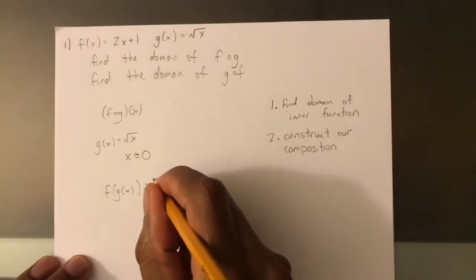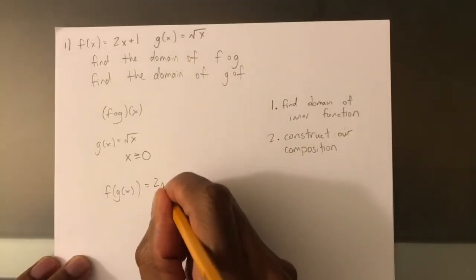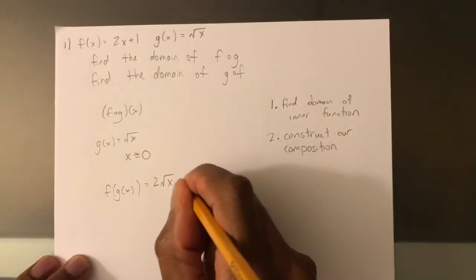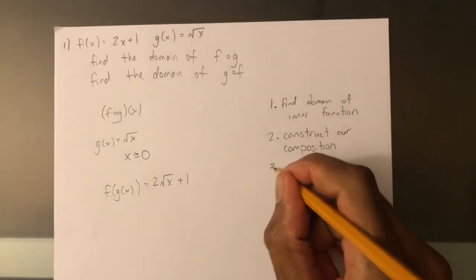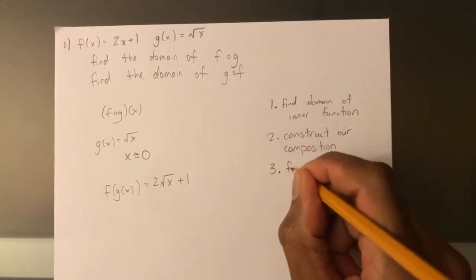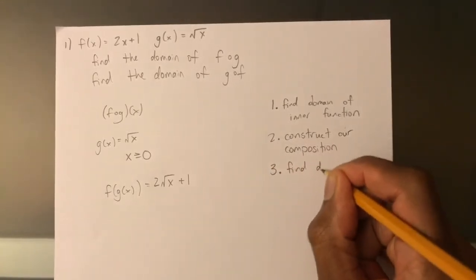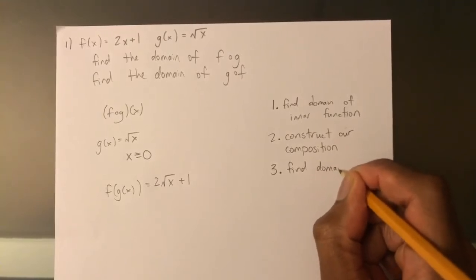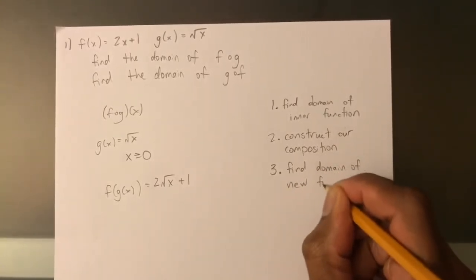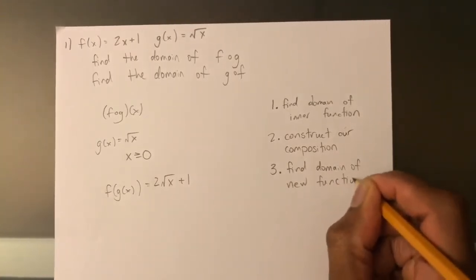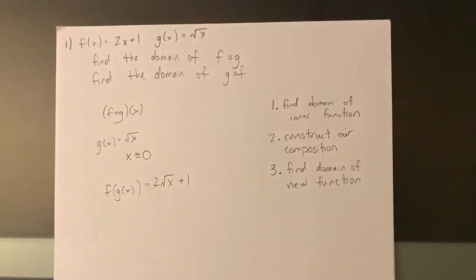You're going to have 2 times the square root of x plus 1. All right. Now you need to find the domain of this new function. This composition that we just created, let's find the domain of that function now.